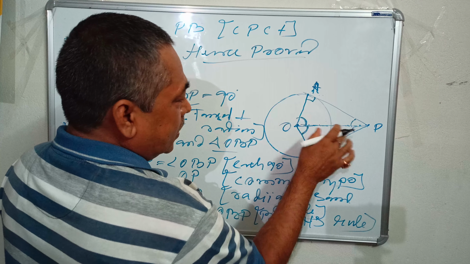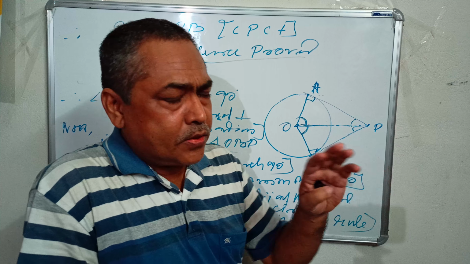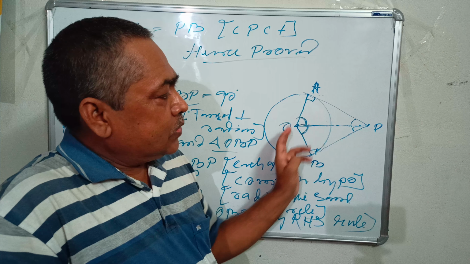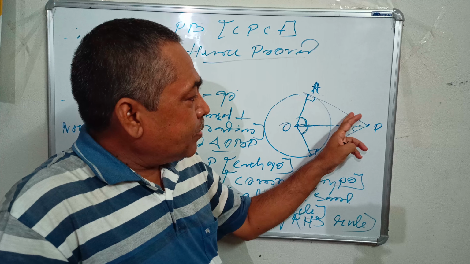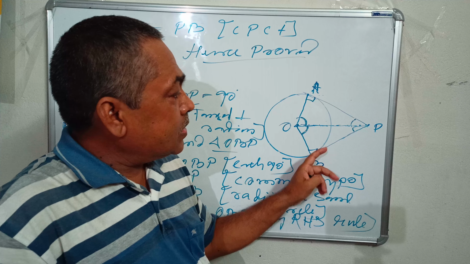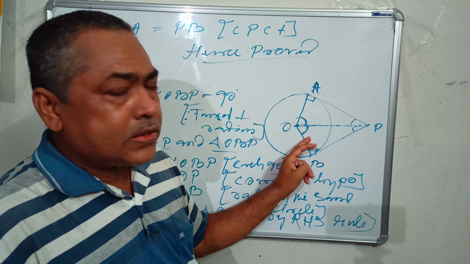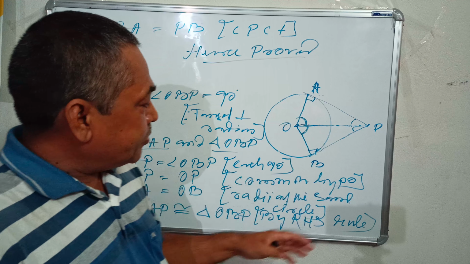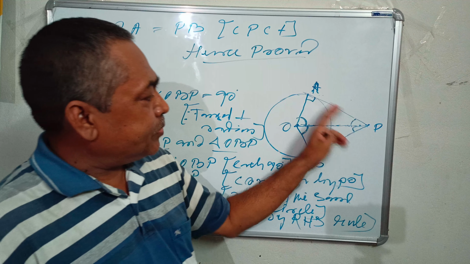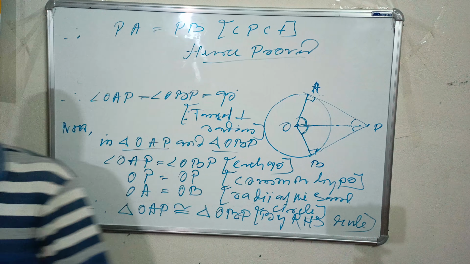So these two conditions I have not mentioned, but in solving problems we may be using these: that the line segment joining the center to the external point bisects the angle between the tangents, and also that the tangents subtend equal angles at the center. Okay, so remember these two additional points, and here we have proved that PA and PB, two tangents from an external point, are equal.